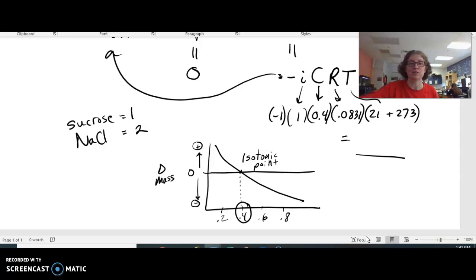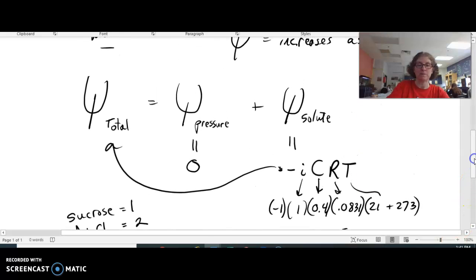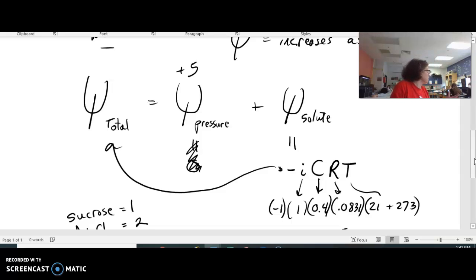So that's a really fast review of water potential and how you can calculate it, right? They might also give you the kind of problem where they'll say, if you go back up here, what if there actually is a pressure potential. The pressure potential is +5, let's say, okay?